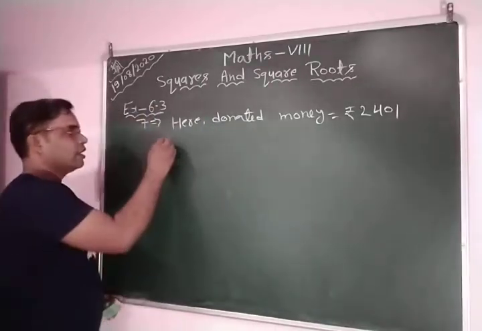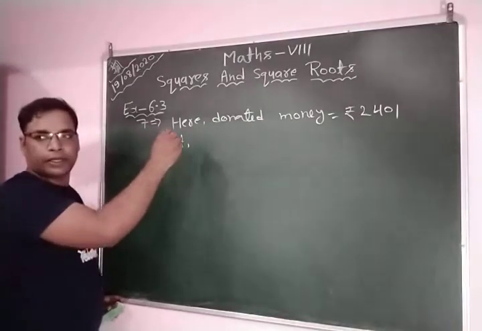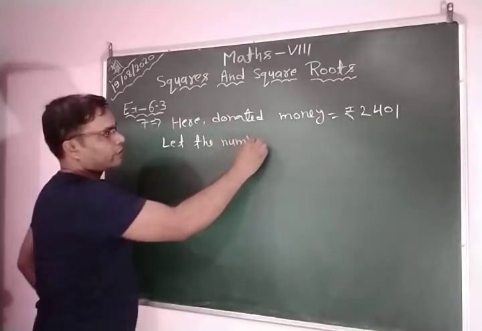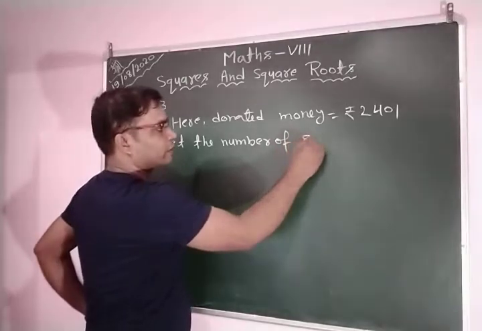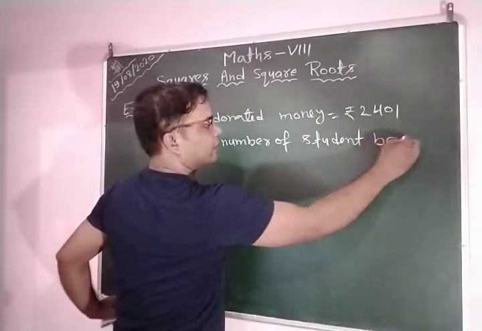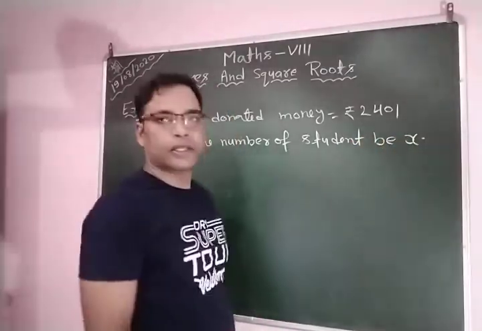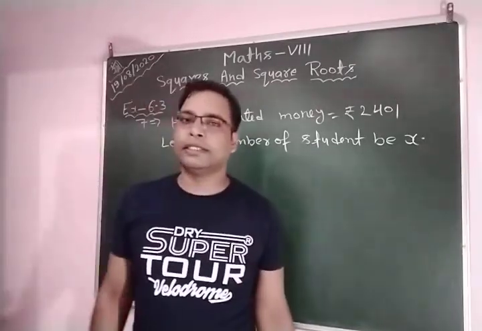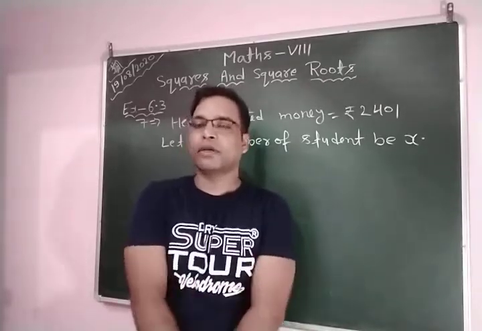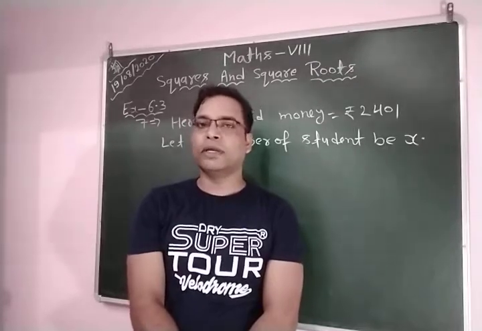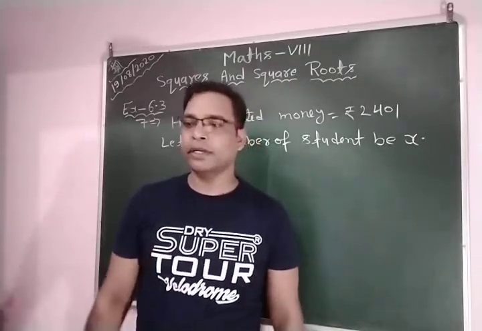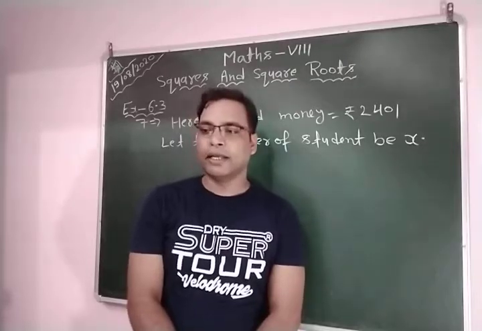Therefore the donated money is equal to x into x, because as many students as there are, that many rupees each of them donated.